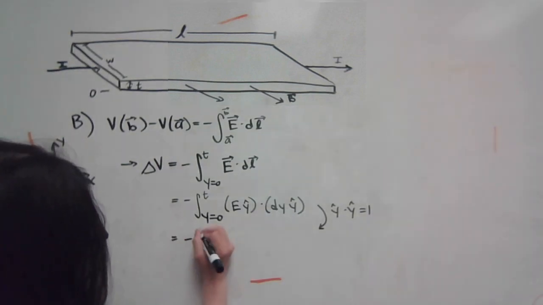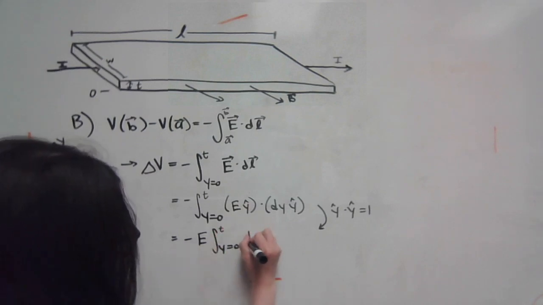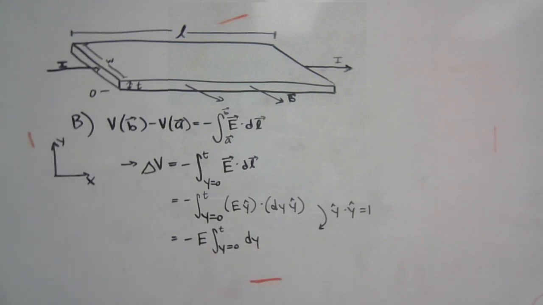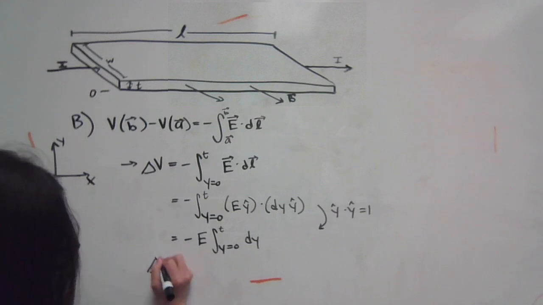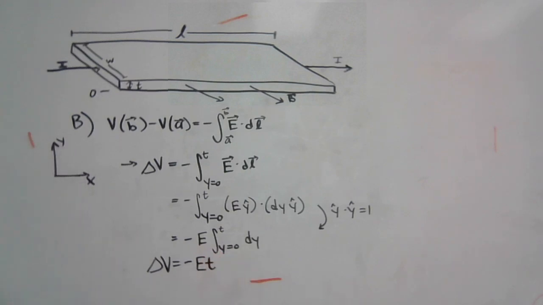So we get negative E times the integral from y equals 0 to t of dy. We would end up with the potential difference equal to negative E times t. Now they want it in terms of magnetic field, velocity, and dimensions of the bar.